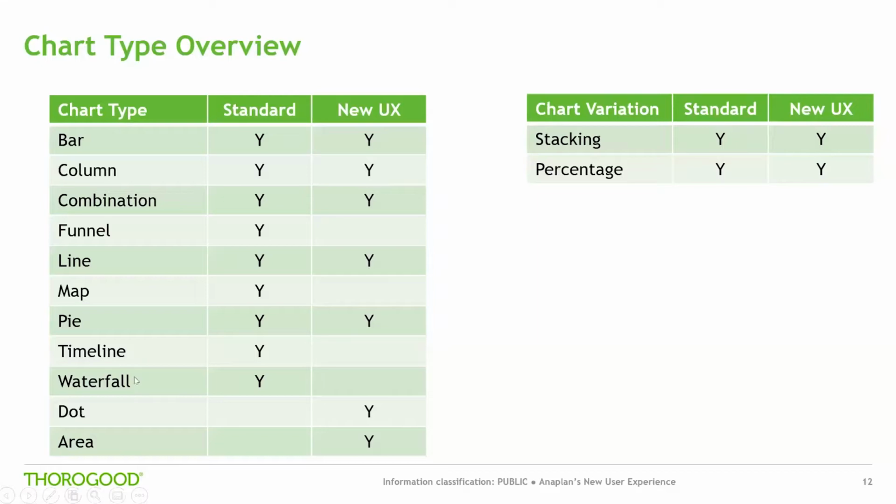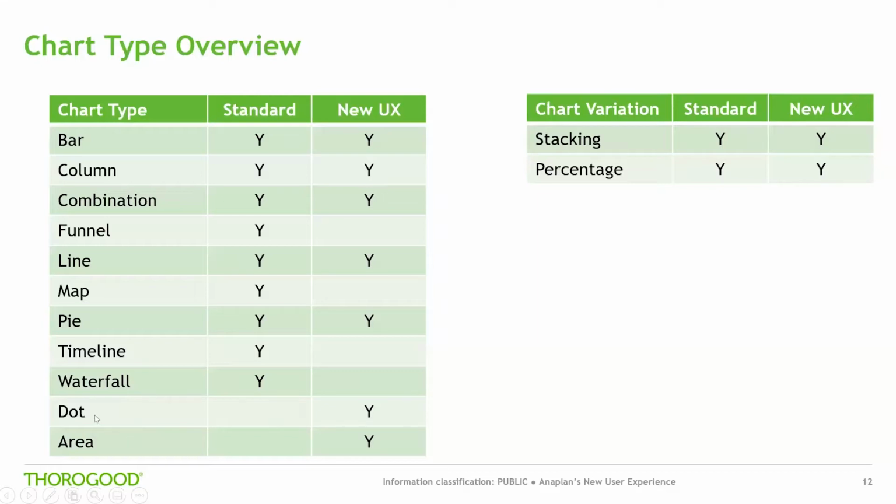That may change. But I do know that waterfall has not been made available in the user experience, and certainly my experience of using Anaplan, the waterfall is one of the great charts that is very popular, very powerful. So it's a shame that's not appeared there. Hopefully that will come through as well shortly. What is new though is what they refer to as the dot and the area chart.